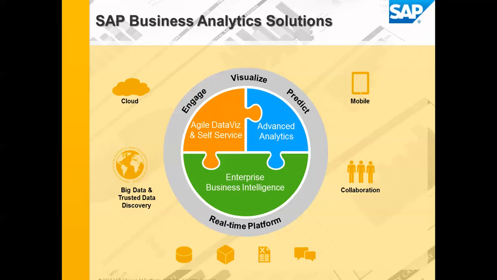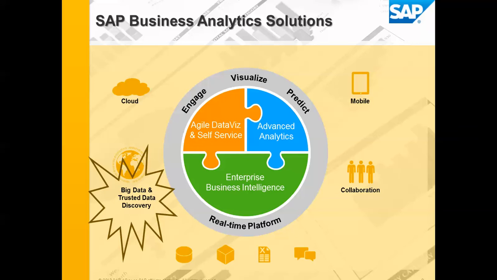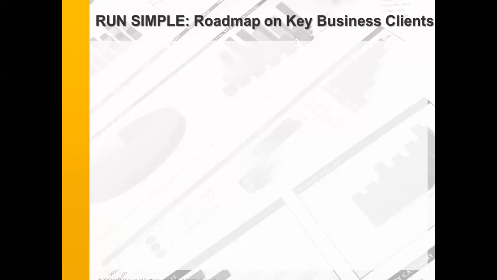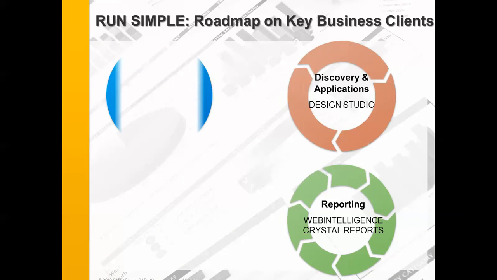This is what I typically use to explain the portfolio, the different categories, and explain to the customer the importance of trusted data discovery, for example. And I always use these kinds of slides also to explain, for example, this roadmap.